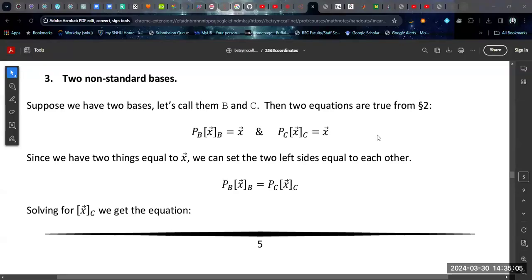Now, we're going to convert from one non-standard basis into another one. Then I want to find a relationship between them, and the relationship between them is the representation in the standard basis.